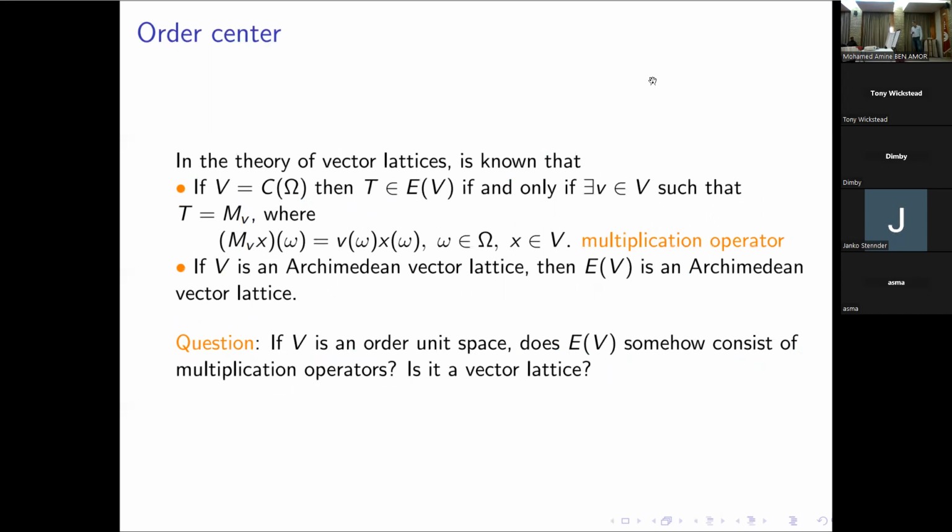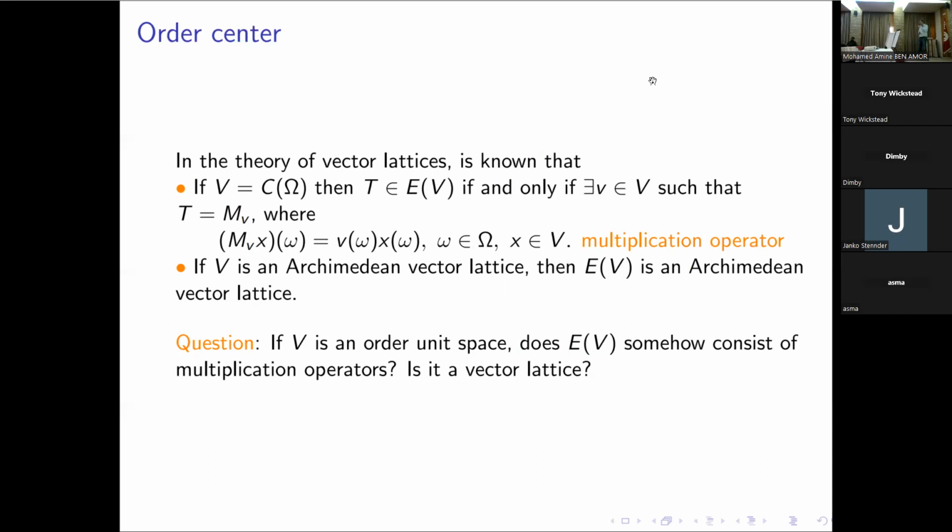Okay, what kind of results would we like to have for order centers? Well, we look at the nice theory of vector lattices, and we try to see what we can also get for our more general partially ordered vector spaces, so for instance for our pre-Riesz spaces, or here the order unit spaces. Well, it is known that if you take the space of all continuous functions, then an operator is in the order center if and only if it is a multiplication operator.